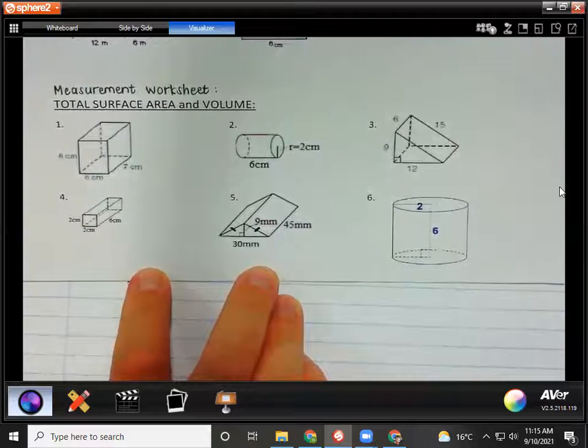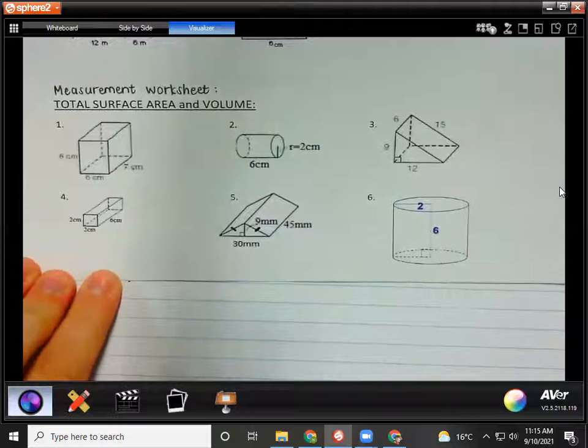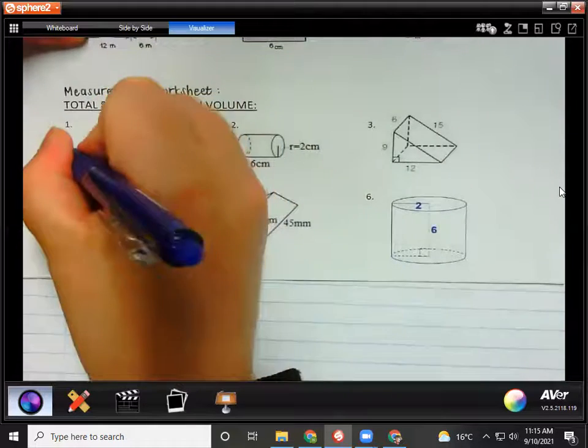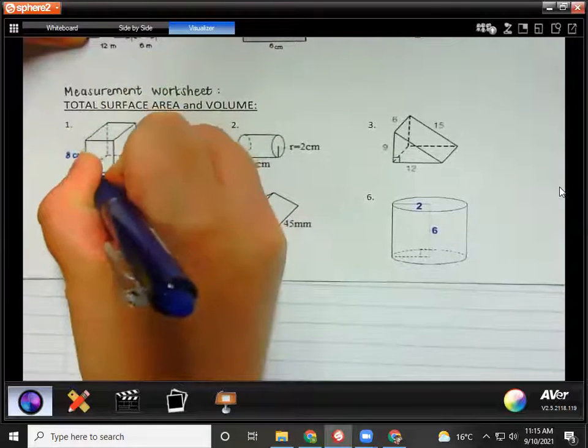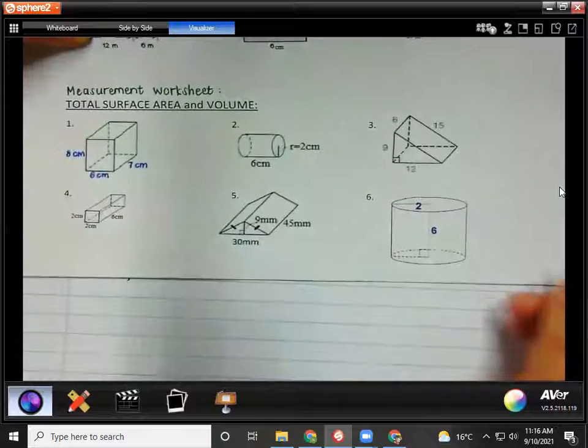So 8 is on the side, 6 is at the bottom, and then that's 7. And then in number 3, can you make out those numbers? Maybe I must just go over them in pen here. That's 8 centimeters, 6 centimeters, and 7 centimeters.